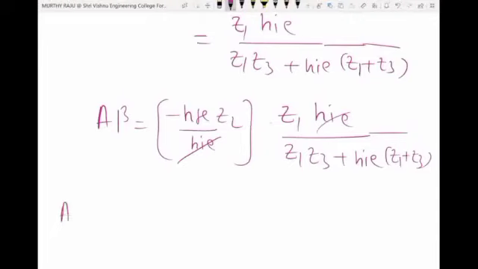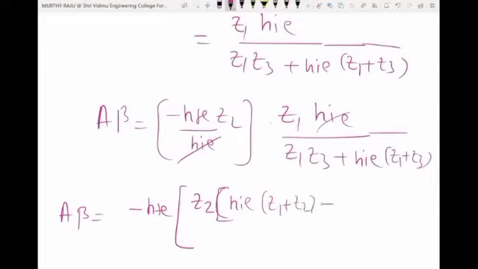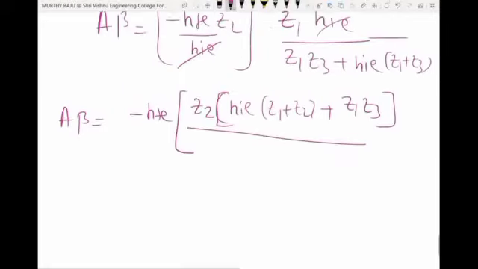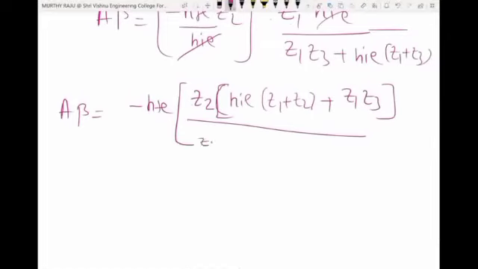Okay. Now A beta is equal to, the A value is minus HFE into Z2 HIE Z1 plus Z2 plus Z1 Z3, bracket close, divided by Z1 Z2 plus Z1 Z3 plus HIE Z1 plus Z2 plus Z3.